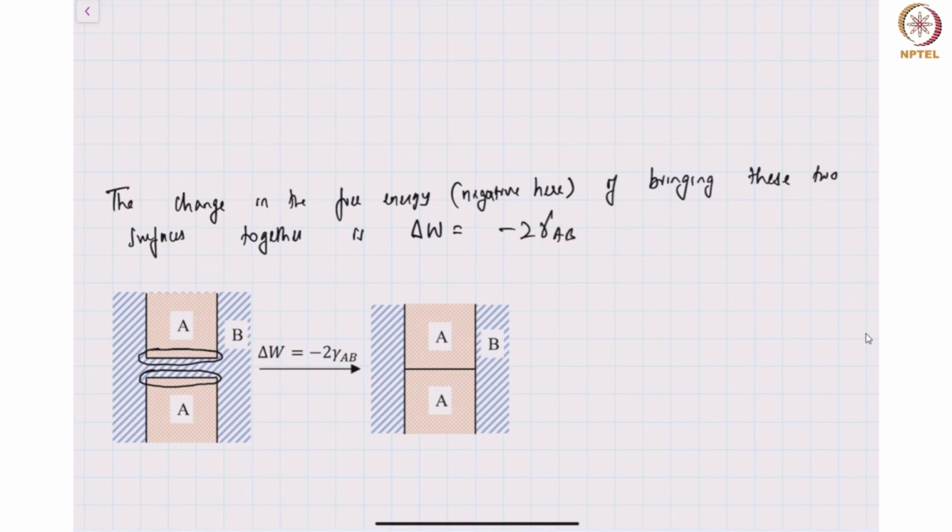Okay. This quantity delta W is twice the interfacial energy of the interface AB.